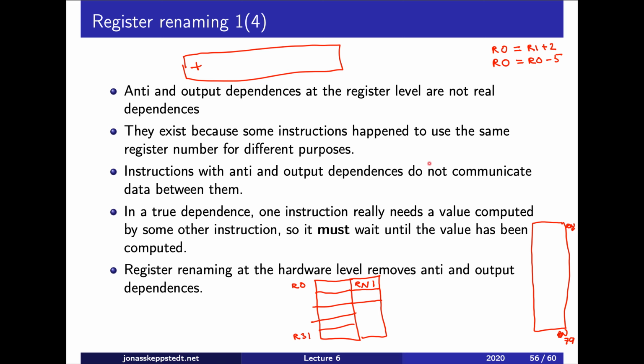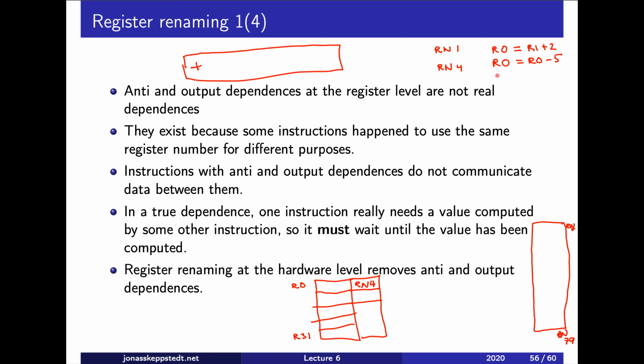And what else happens? Well, it should also get a new rename register for itself to write its value in. So let's say this one writes to rename register 4, because that's easier to draw here. It could be any of these 80 except rename register 1, because that's already in use.